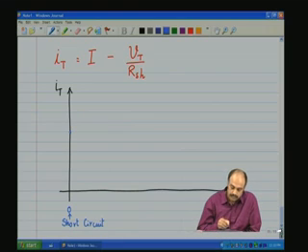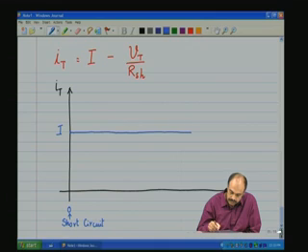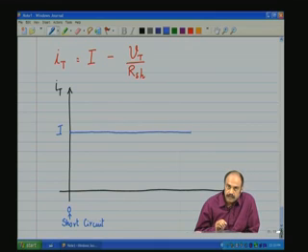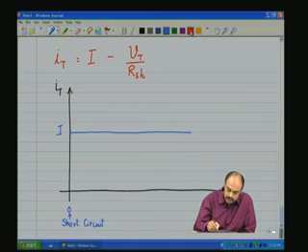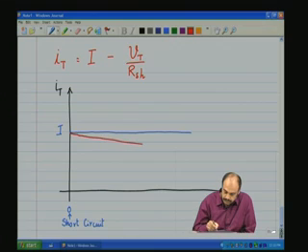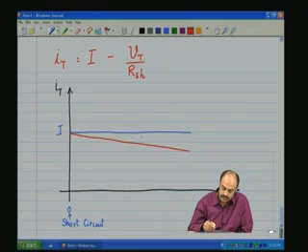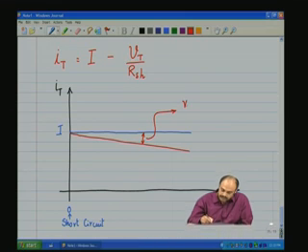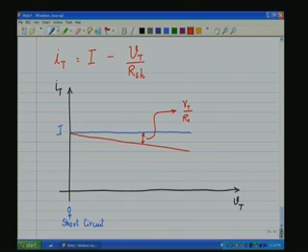So, it starts from some value I, and if it had been ideal, R shunt would be infinite, and therefore, this would have gone horizontal, straight like that. However, R shunt is not infinite in a practical case, and therefore, we see that this will start drooping as Vt increases, and this droop amount is Vt by R shunt.